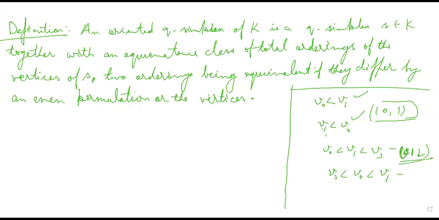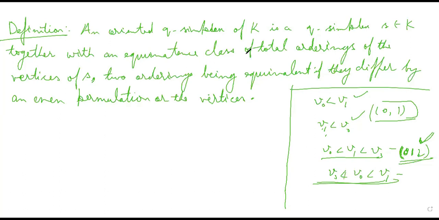If you apply this, 0 goes to 1, so this and this differ by an even permutation, and they will give the same equivalence class.